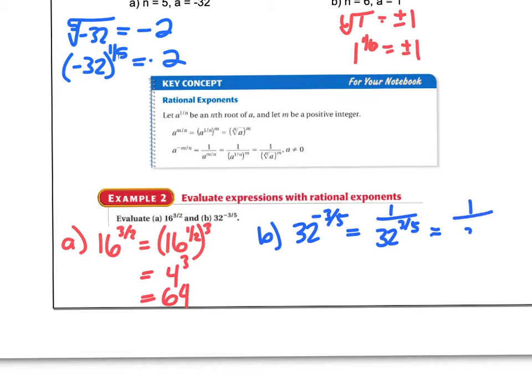And so we really have 32, and I'm going to use the denominator of 5. So 32 to the power of 1/5, that's a 5th root of 32. And then after we find that, we're going to cube it. And this was our first example we did for this section. So the 5th root of 32 is actually 2, and we're going to cube that. So we get a final answer of 1/8.